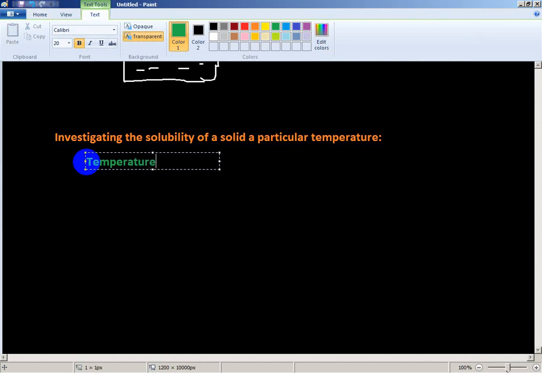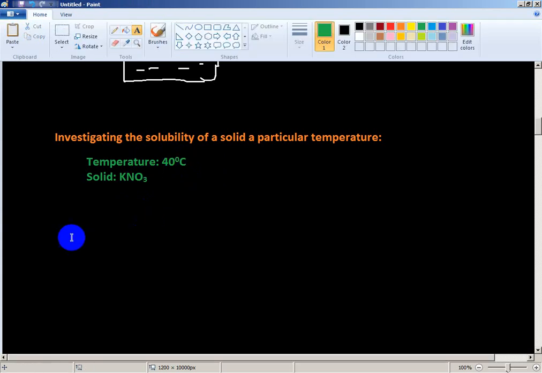I have said temperature and solid. 40 degrees Celsius, and the solid is potassium nitrate. Okay, this temperature is 40 degrees Celsius.